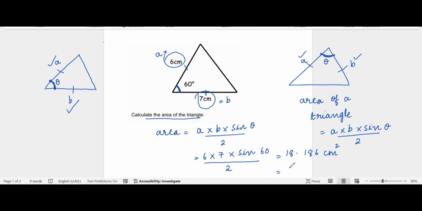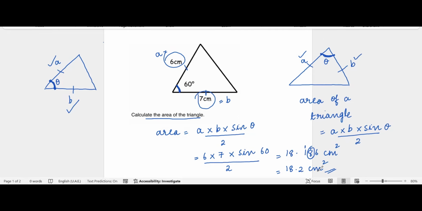Now, if you want, you can round it to one decimal place. Check the second decimal place. It is more than 5. If it is more than 5, you add 1. So 18.2 centimeter square will be the final answer for this particular question.